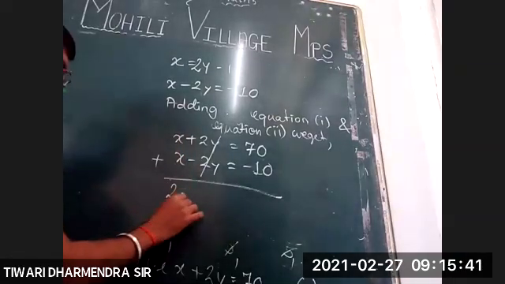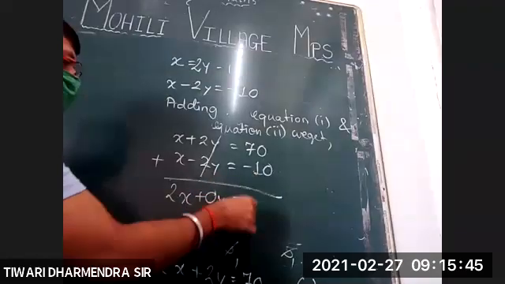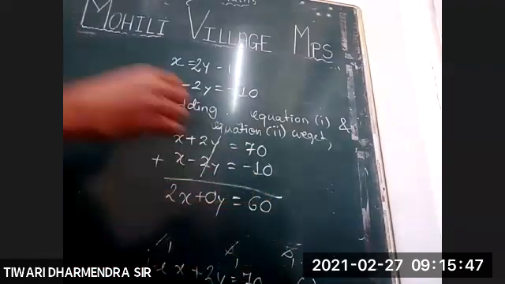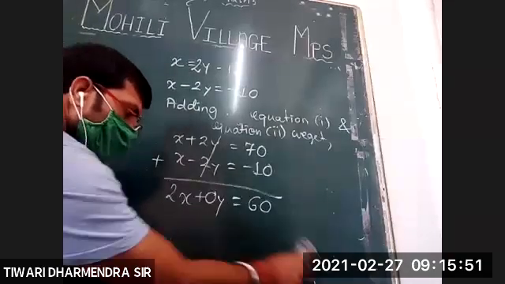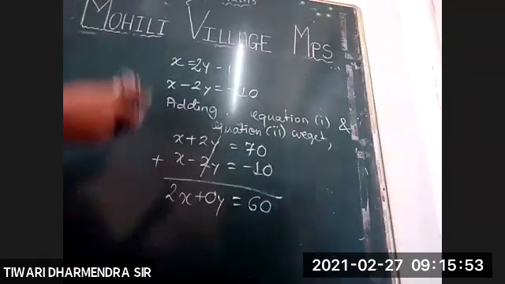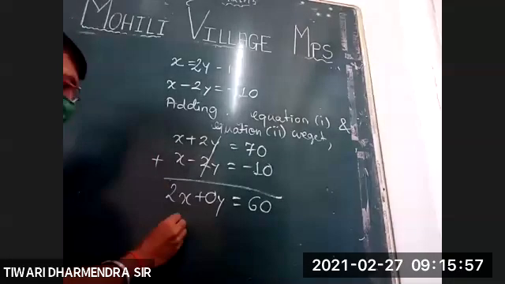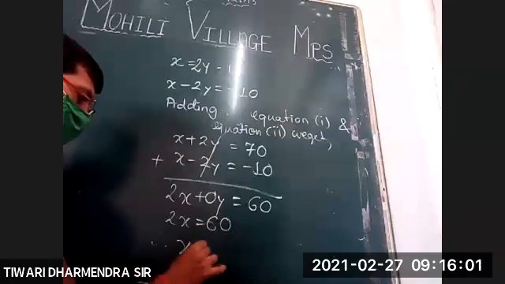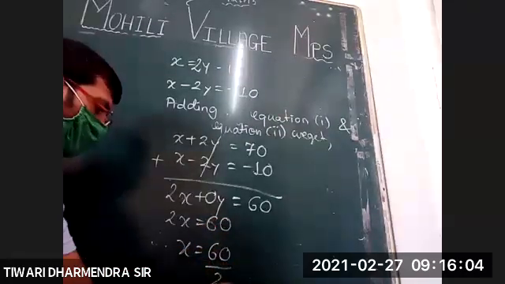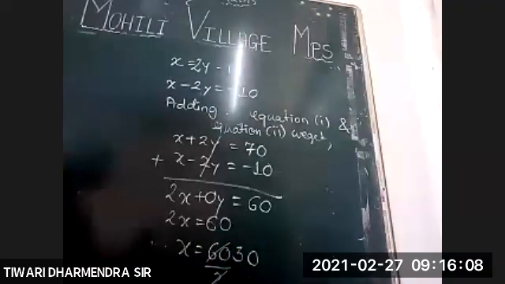X plus x is 2x, and here plus 0y is equal to 60. So therefore, 2x is equal to 60. So therefore, x is equal to 60 divided by 2, which is 30. So therefore, value of x is 30.